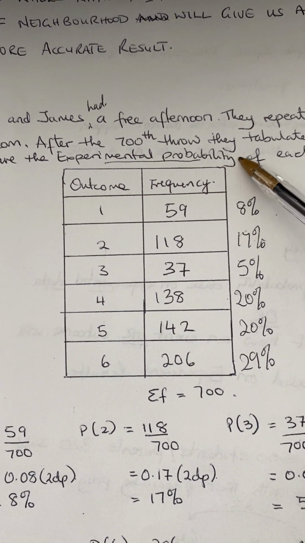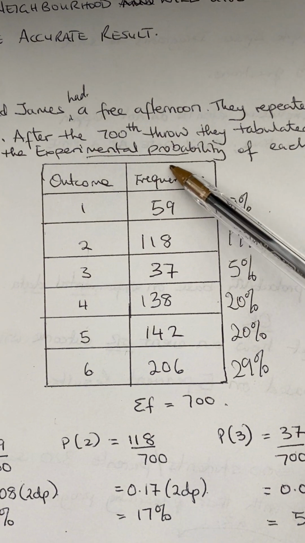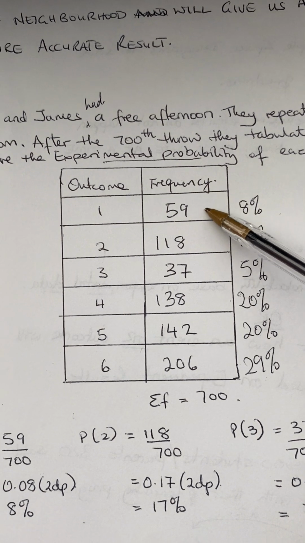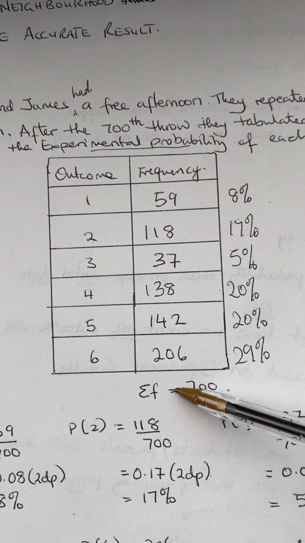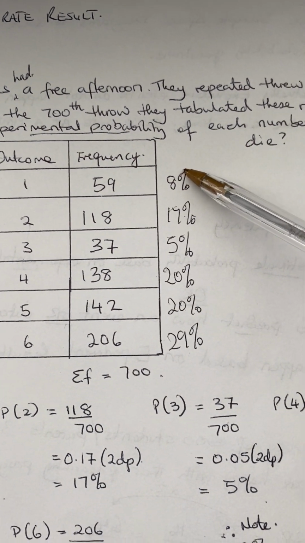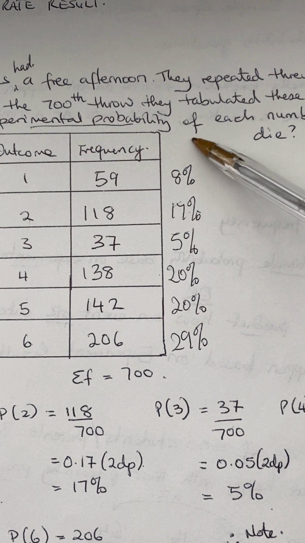Here they've done an experiment and they're asking you to use those values, okay, to find the probability of each outcome.